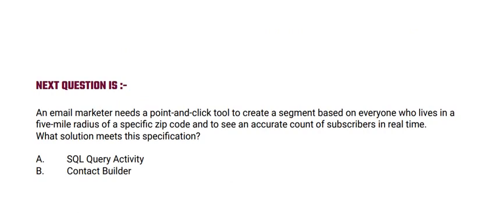Next question is: an email marketer needs a point and click tool to create a segment based on everyone who lives in a 5-mile radius of a specific zip code and to see an accurate count of subscribers in real time. What solution meets this specification?